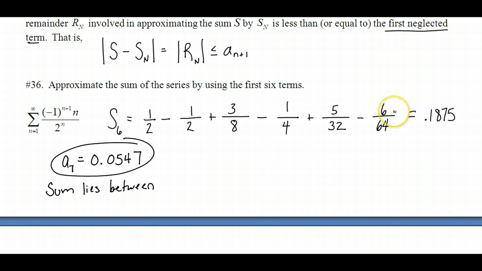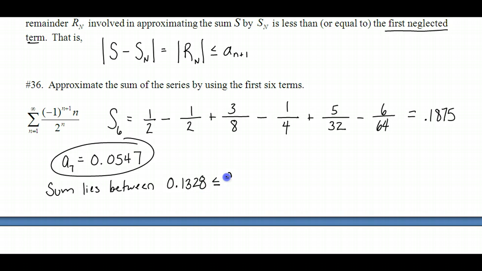So you're going to add a little bit, you're going to subtract a little bit less, you're going to add a little bit less than that, and you just keep alternating back and forth. So I'm actually going to start off with subtracting, and I'm going to say that it's between 0.1328. And remember, I got that because I subtracted it from my partial sum of the 6 terms.